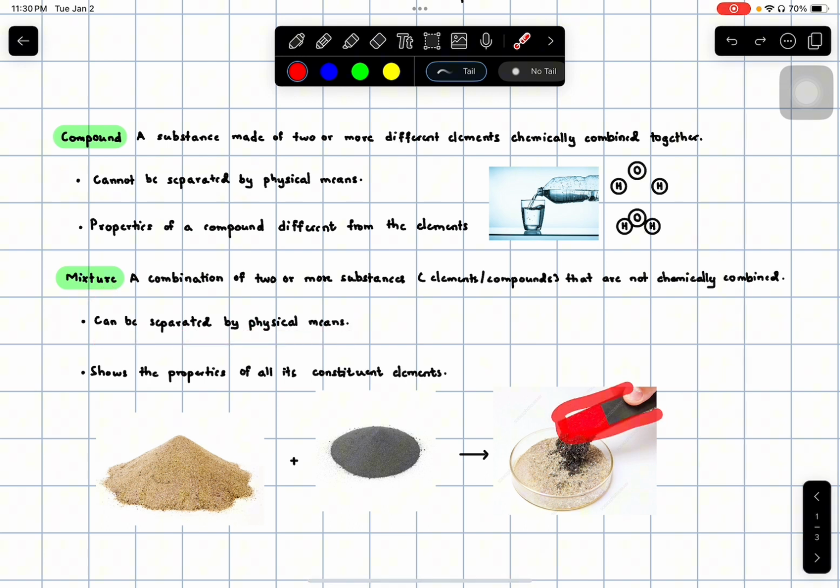If I were to run a magnet over this mixture, the iron filings will attract itself to the magnet. Which also supports our second statement where it says in a mixture, it will show the properties of all its constituent elements. We did not form a new chemical compound, so there is no new property. The iron filings are still retaining the original properties, and that is why it is able to attract itself to the magnet here.